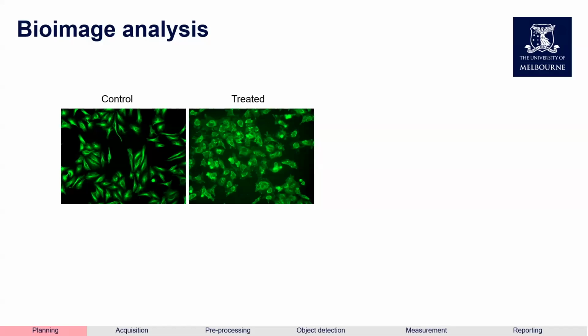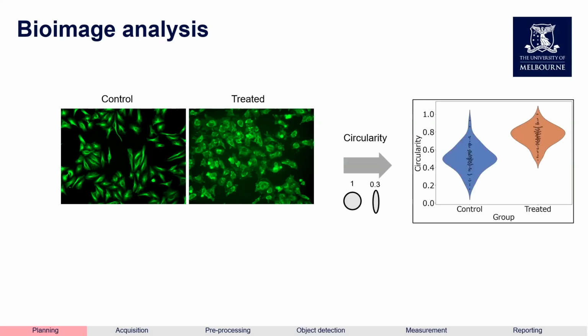Let's have a look at these 2 fluorescence images. The left is a control group, and the right has been chemically treated. When we want to measure the differences, we might describe that the treated cell looks a bit rounder, but this needs to be backed up with proper quantification.